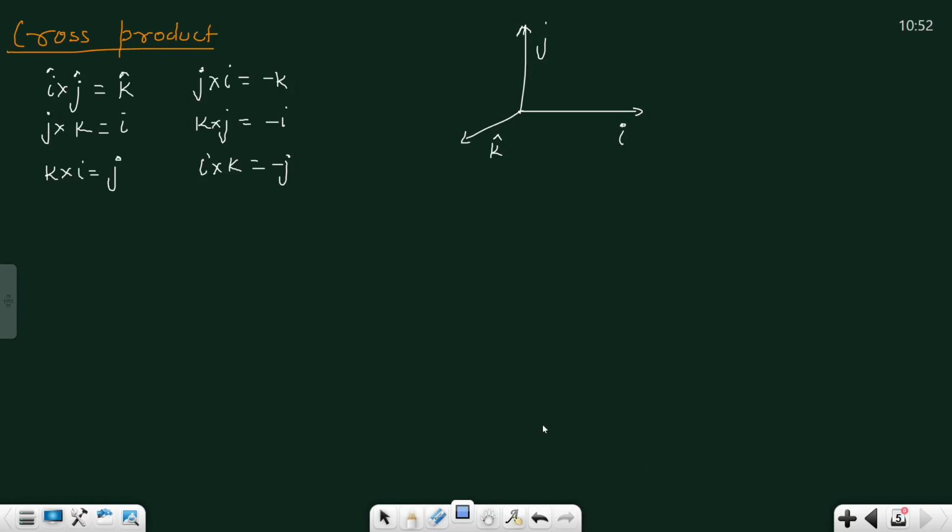Any doubt regarding this matrix? Does anyone have any doubt?